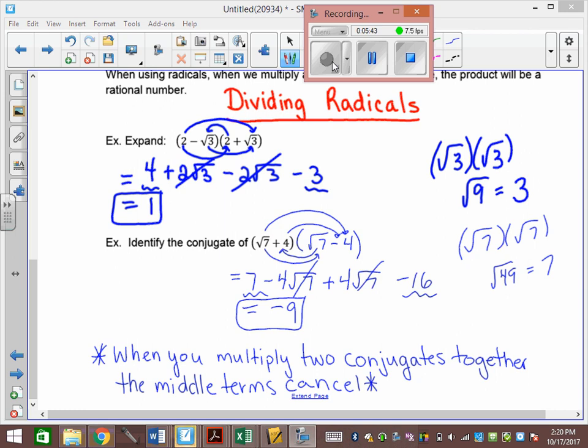No, conjugates means the terms have to be exactly the same, opposite sign. But then that wouldn't be a conjugate. No, it's square root signs. It can't be a cube root is what I'm saying. They have to be square roots. So you aren't going to have 3 of them.